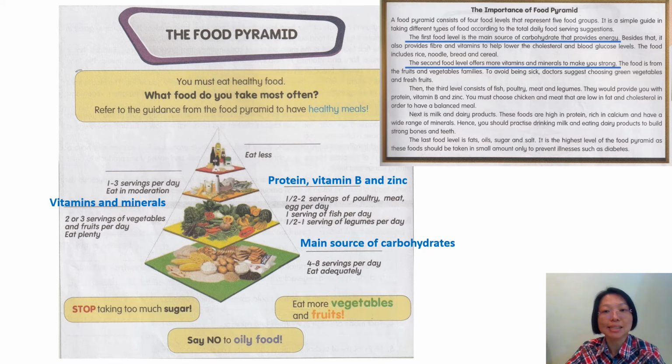Where do we get this answer from? We get this answer from the fourth paragraph, paragraph 4. It says here, then the third level consists of fish, poultry, meat, and legumes. They would provide you with protein, vitamin B, and zinc.